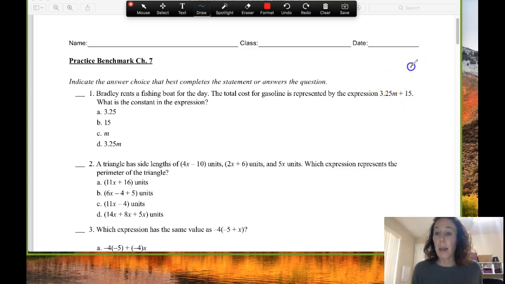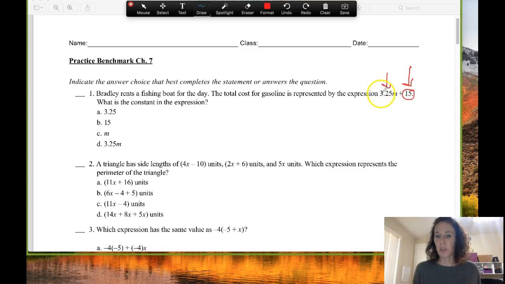Constant means a number. Just a number, not next to a variable, just by itself. The numbers you've been used to working with since elementary school. The only number we have by itself is 15. There is another number here, but we call this a coefficient because it is co with this variable.